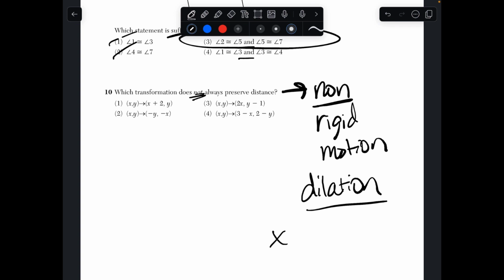So in answer choice number 1, we are really just adding, so that would be a translation, so that's a rigid motion. And in 2, we are really just swapping them, so that's a rigid motion. But in 3, this 2x, we're multiplying x by 2, and that does not preserve distance. So that is the correct answer.